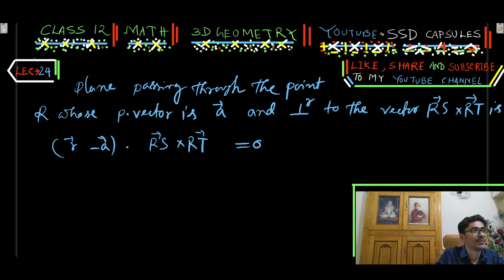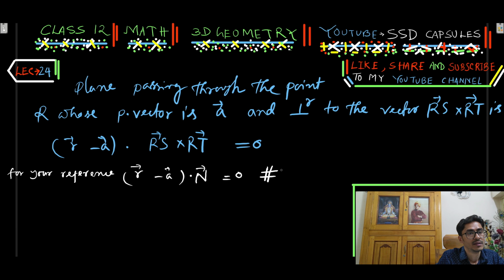For your reference, I am writing here: (r vector minus a vector) dot n vector equal to 0. Follow lecture number 23.